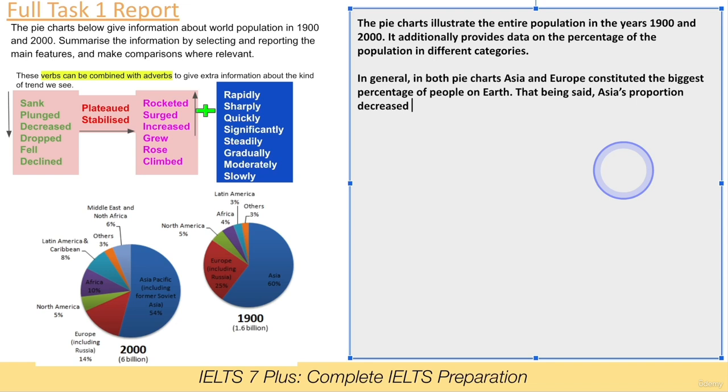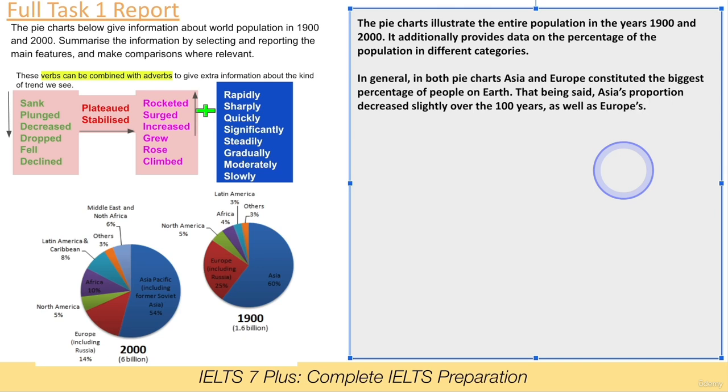Now, how could we describe the decrease? It's not too dramatic, so maybe we can say slightly over the 100 years, as well as Europe's. Ooh, and we're always thinking about spelling.